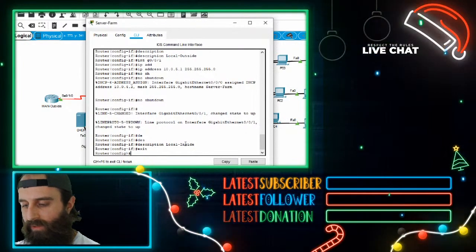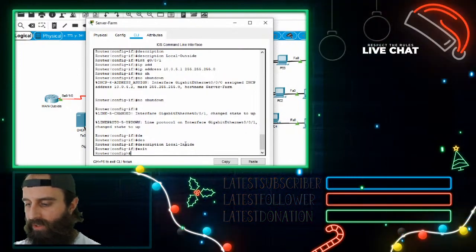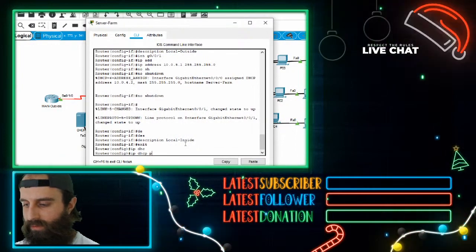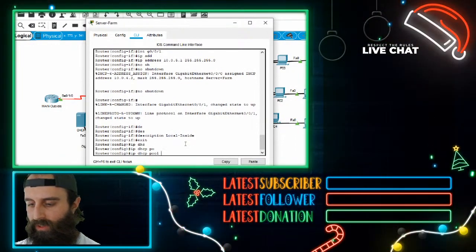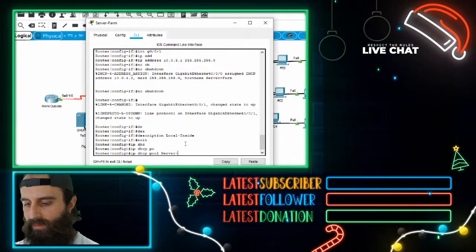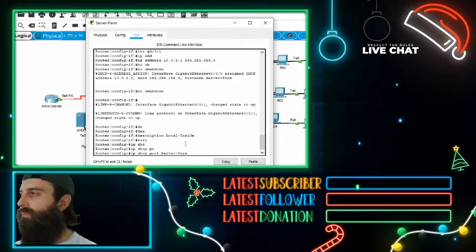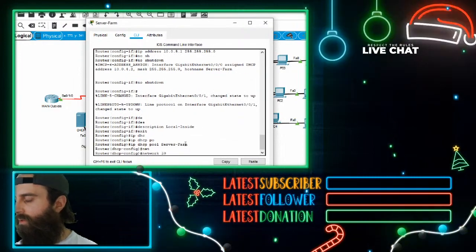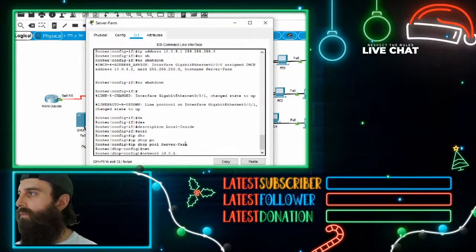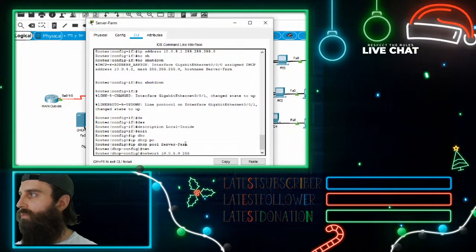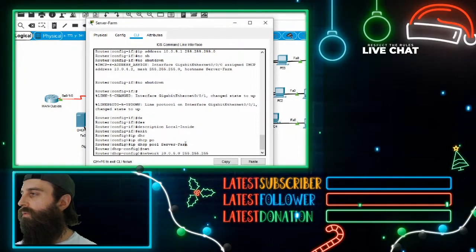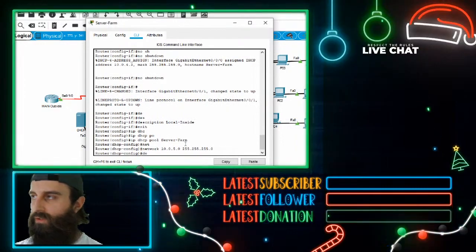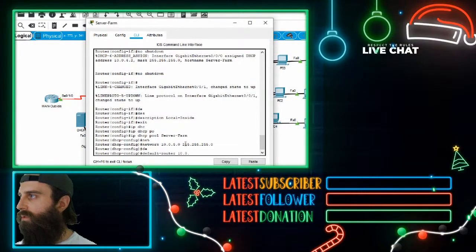Yep. And then let's do a DHCP pool for just those servers. We're going to call it server farm. All right, I'm going to say network 10.0.5.0 255.255.255.0. Default router 10.0.5.1.